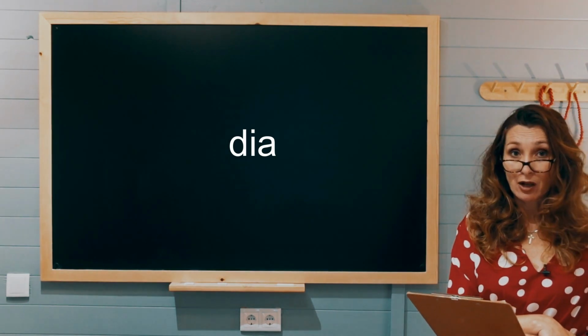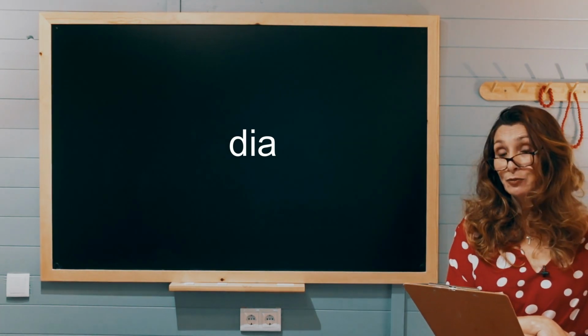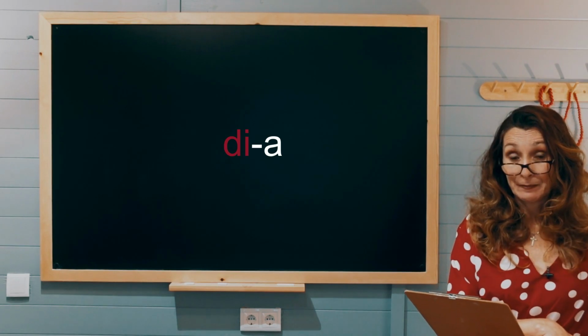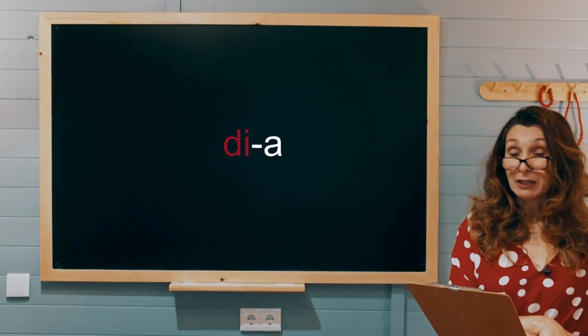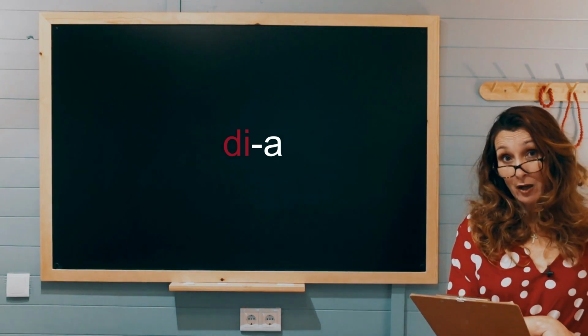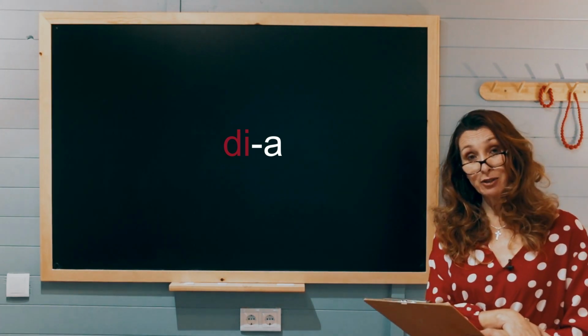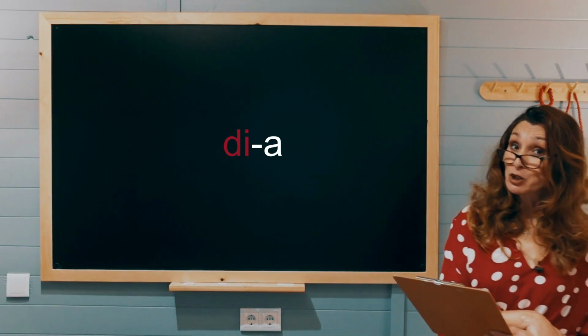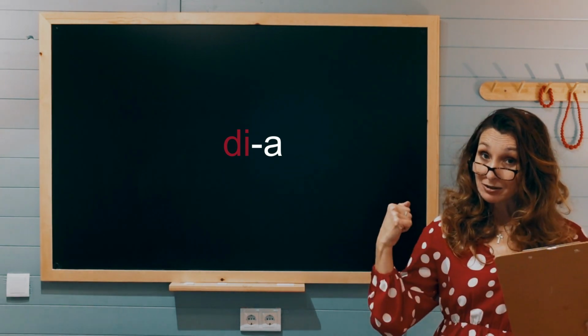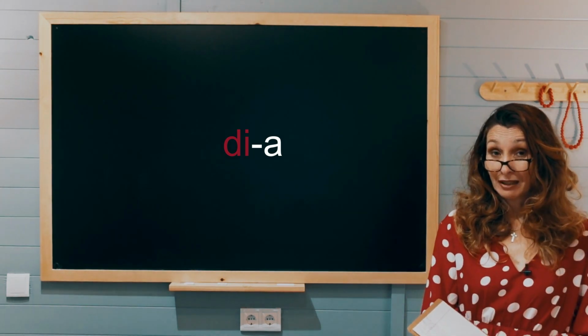However, it's not pronounced dia, it's pronounced día. What does that mean? It means that the weak vowel, as I mentioned before, went to the gym, pumped up some muscles and became strong as well.